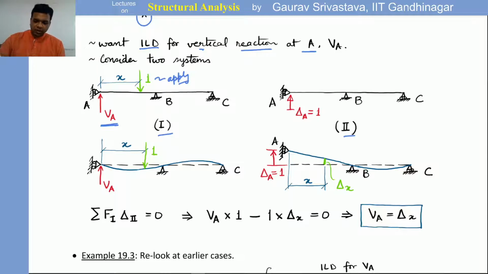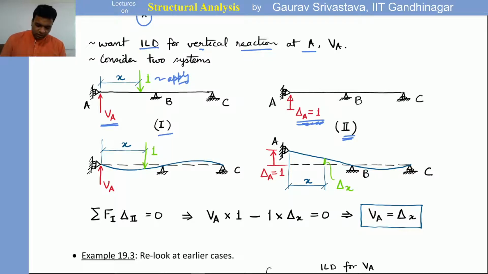Okay. Now we consider a system 2 where we apply a unit upward displacement. Okay. So we apply a displacement in the direction of VA. VA was the force of interest. Okay. So we apply a unit displacement at A. Okay. Now let's consider what happens as a consequence.